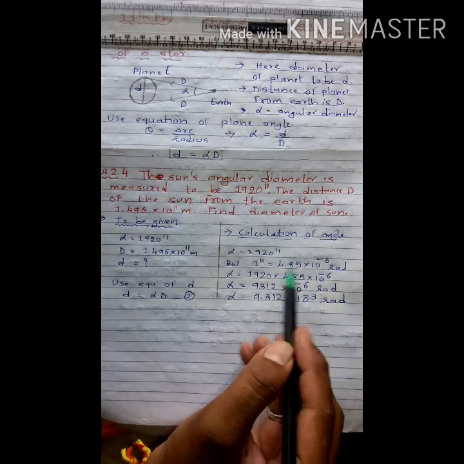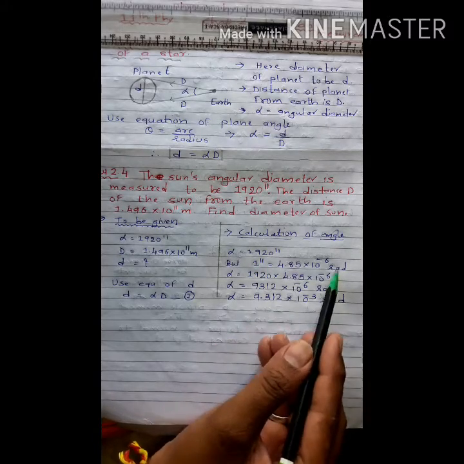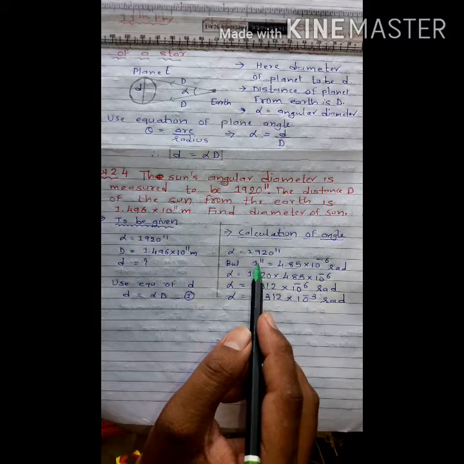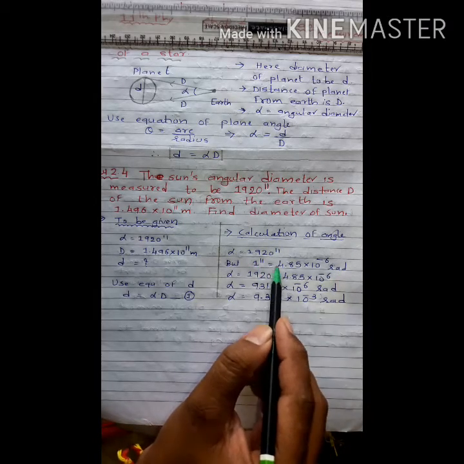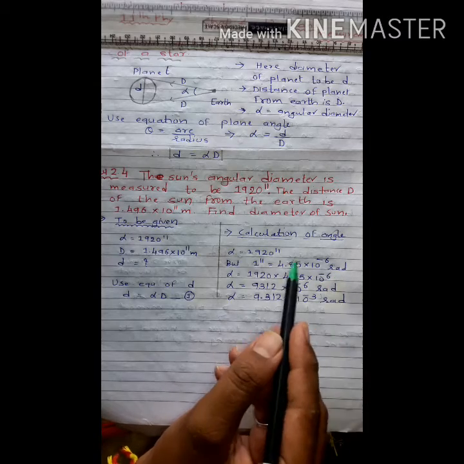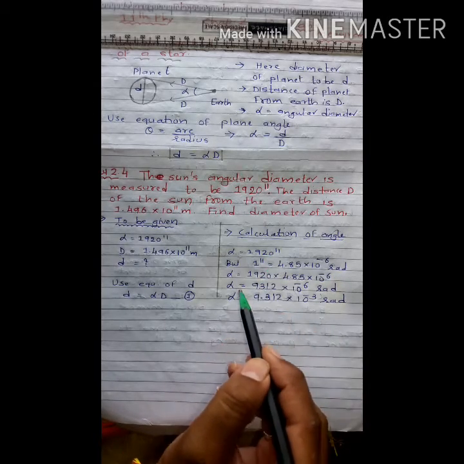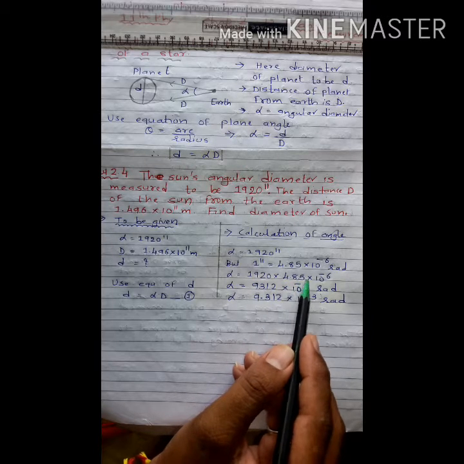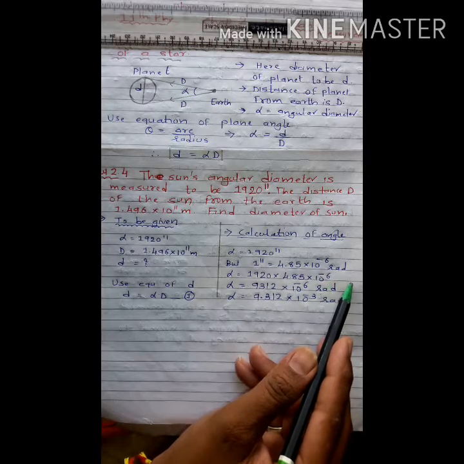Using this relation we will convert the value of seconds into radian. Here we have 1920 seconds. So alpha is equal to 1920 multiplied by 4.85 into 10 raised to minus 6 radian.